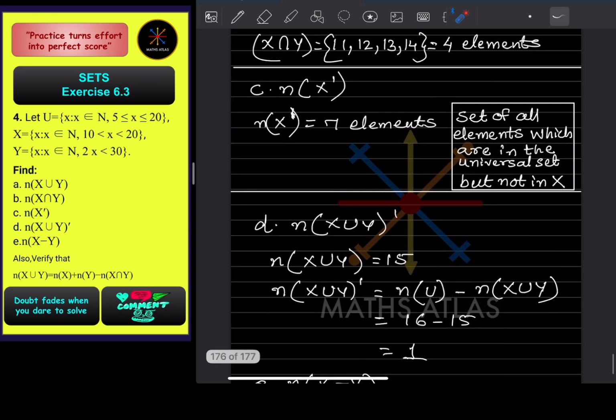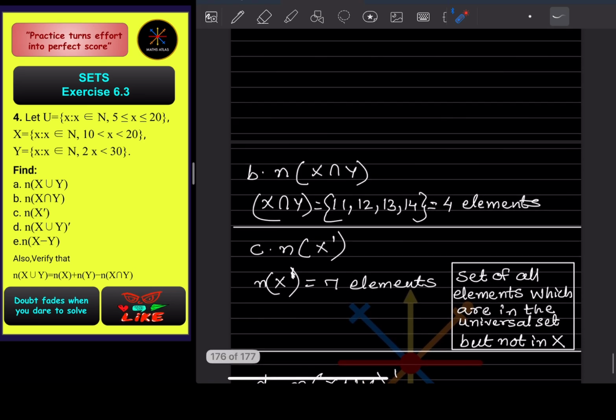Now here we have to find out n of x union y complement. First we have to see n of x union y, which we have already done, that is 15.